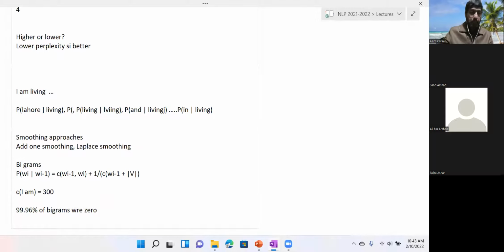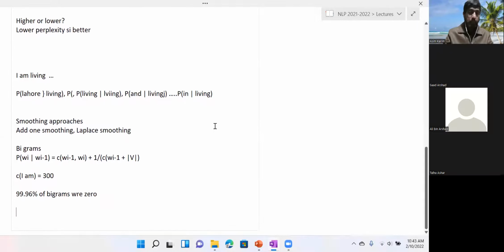Across the top you will have 30,000 words, in the rows also 30,000 words, and many combinations of those words would have a count of 0. So in Laplace smoothing, what is effectively happening? You are moving probability mass from those bigrams that occur to those that do not occur or have a count of 0. But the vast majority of bigrams have a count of 0.